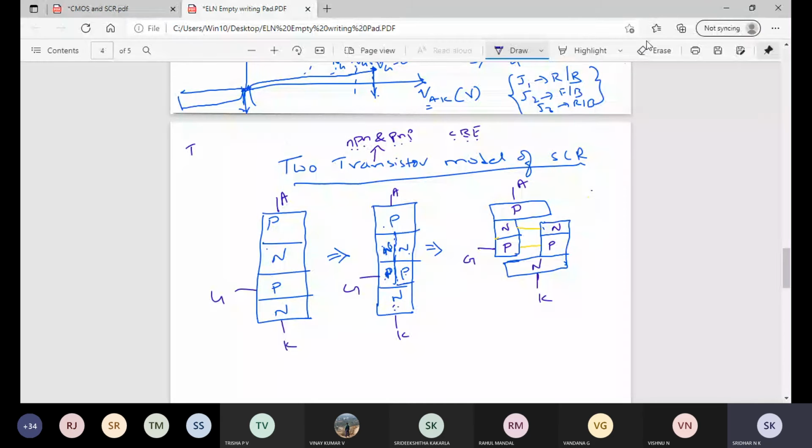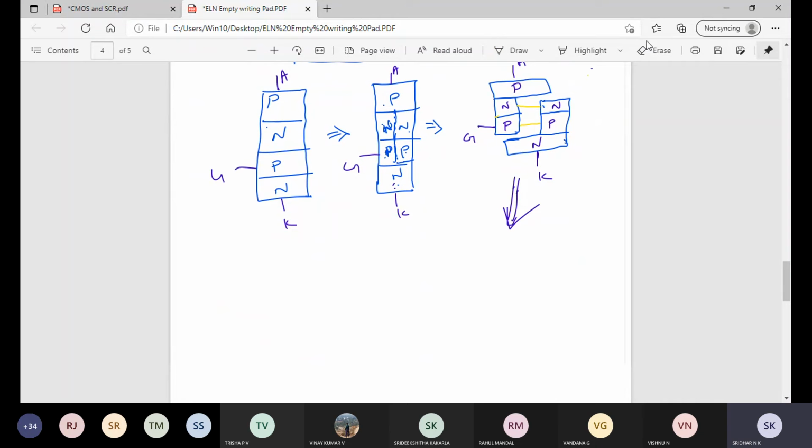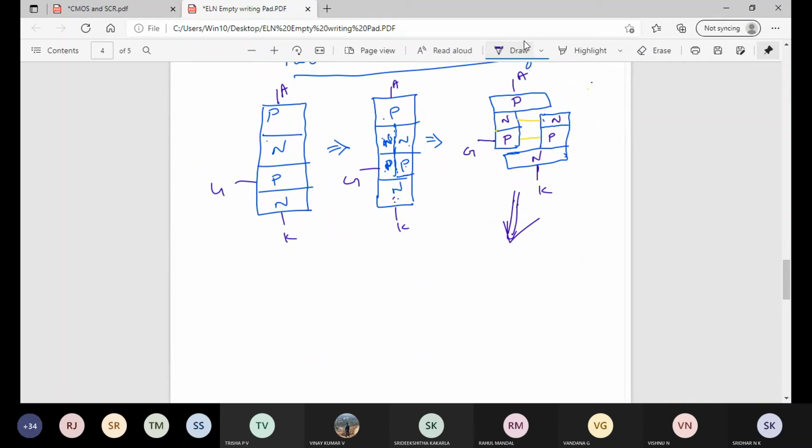So if you look at this, I can represent this as something like this. Just follow this circuit which I am writing down. Now if you see, the base of the p-type semiconductor is connected to the collector of the n-type transistor.